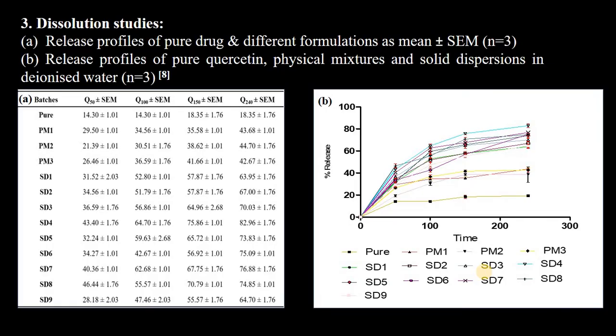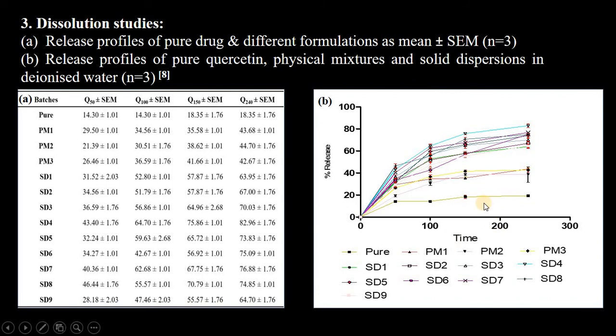The next characterization is dissolution studies. Further, we checked the release profile of all the formulations we prepared, and as you can see in the table at the left, SD4 formulation at the end of 240 minutes shows the highest drug release of 82.96 plus minus 1.76%, that is highest among all.